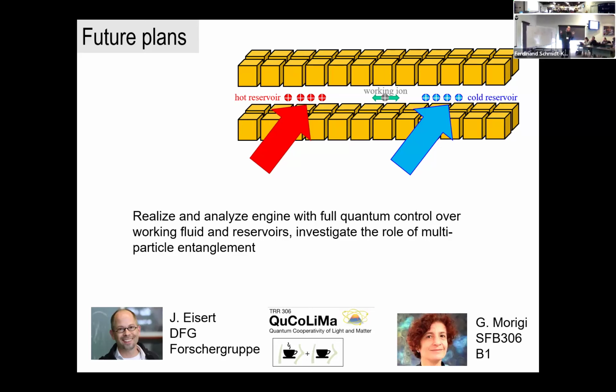So that is then totally a spin engine, which is no longer running on oscillation modes, but looks more like a quantum computer. You have very polarized spins here, which are cold, and unpolarized spins, and then you go with a working ion with its own spin to this, make a fractional gate, go back, make a fractional gate, go back and forth all the time.